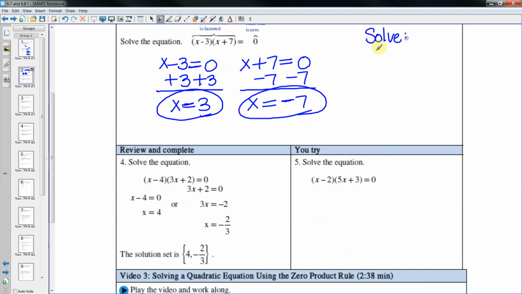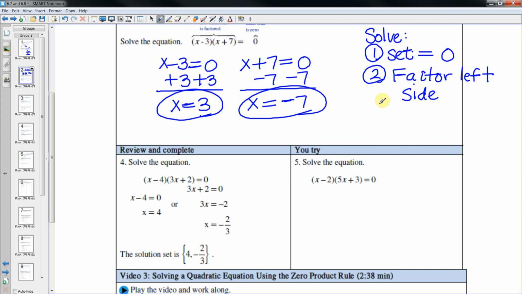So when we are solving quadratic equations, let's write down some steps. 1, we need to make sure it's set equal to 0. 2, we need to factor the left side. The one that I just did was already factored.